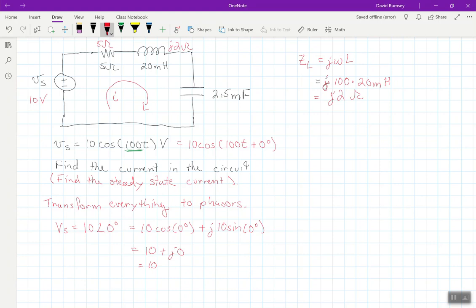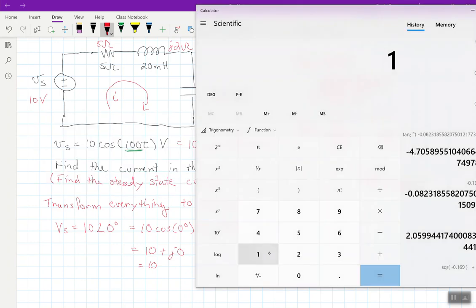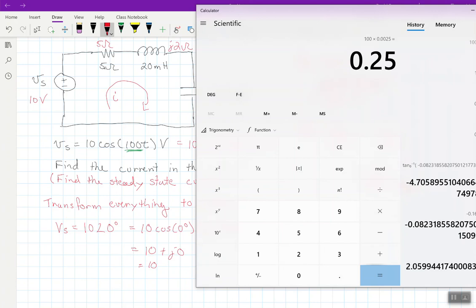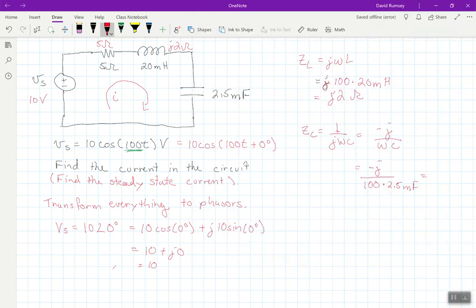And for a capacitor, the impedance is minus 1 over J omega C, or as I said, I like to use minus J over omega C. So this would be minus J over 100 times 2.5 millifarads. So 100 times 0.0025, and then it's 1 over that, so that's 4. So we have that this is equal to minus J4.